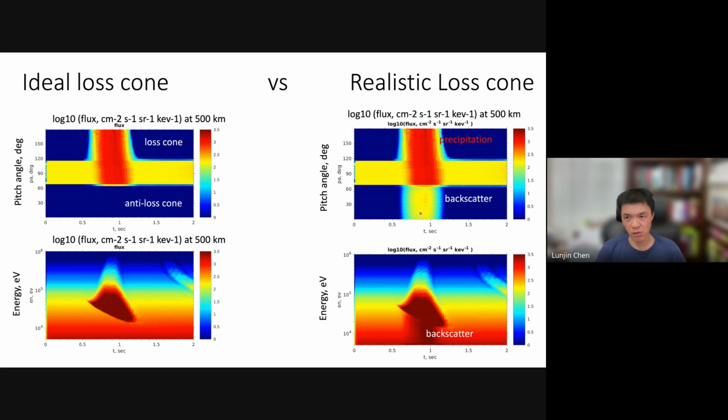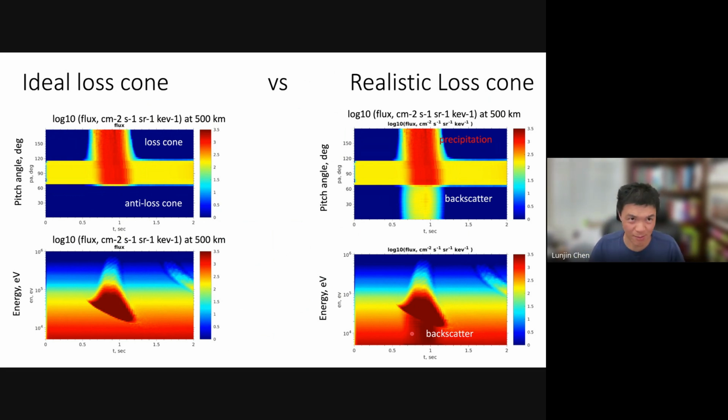Some of the electrons will be emitted at this 500 kilometer altitude again as backscattered electrons. And if you look at this contour, we don't see this sharp cutoff. You start to see the extension of the electron flux perturbation down to even lower energies. So that's one thing I want to show.